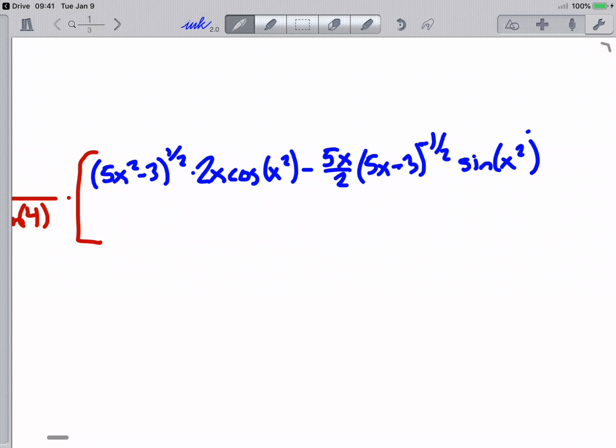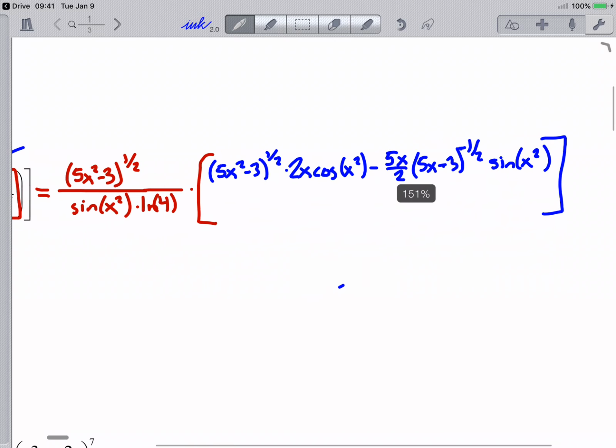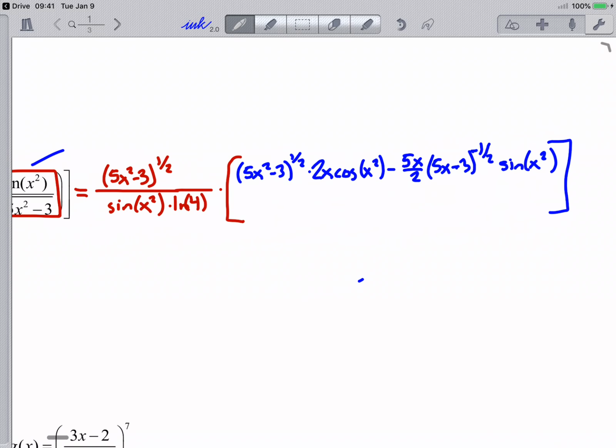Where did this 5x over 2 nonsense come from? Well, there it's showing up, 1/2 times my 5x squared minus 3 to the negative 1/2 times the derivative of the inside, which was 10x, so I don't know why I wrote 5x.